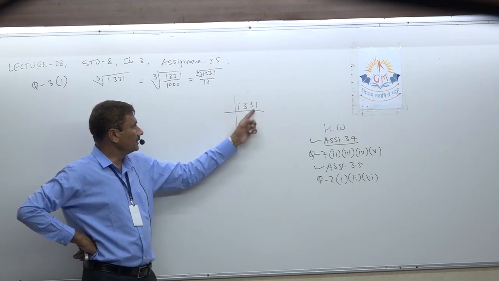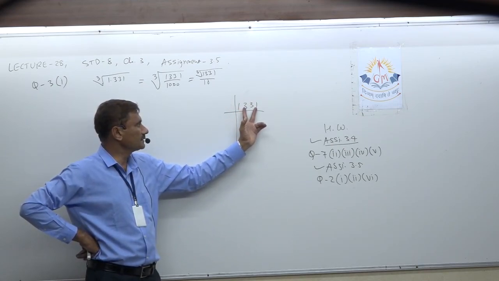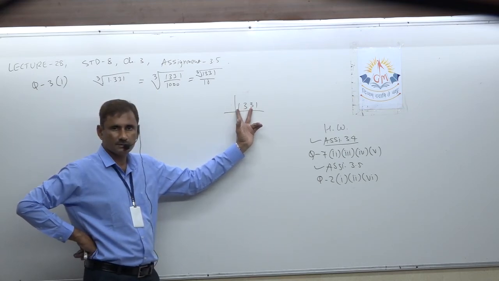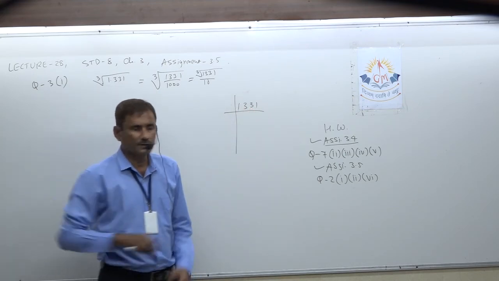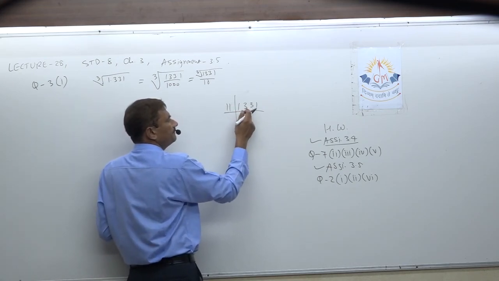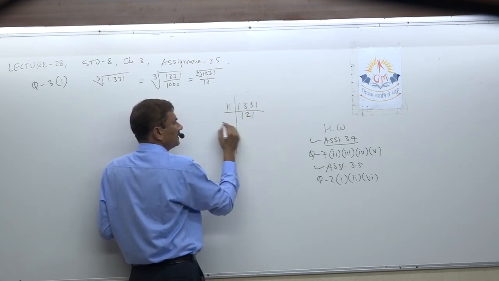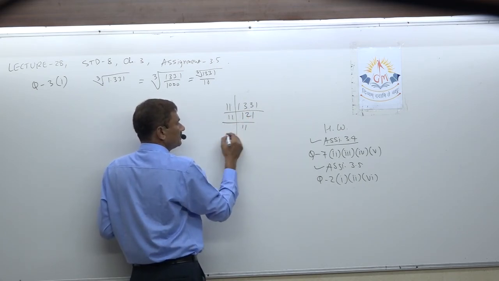Now by 11, you can apply the divisibility rule also. This two digit sum and this two digit sum are equal, the difference will be 0. Otherwise just try to divide directly. 11 1s are 11, 2 left, 11 2s are 22, 1 left, again 11. And this is the square of 11.